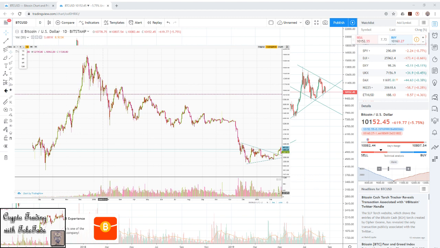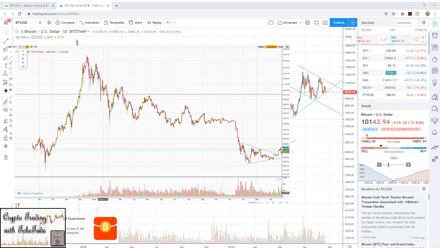Now of course these fractals never repeat themselves 100%, and also they can change somewhat, but the basic pattern remains. That also gives you an idea of where we're right now in this market movement. And because we're seeing this resemblance, we're pretty likely to be in this correction phase as well. So this is another way of determining this.